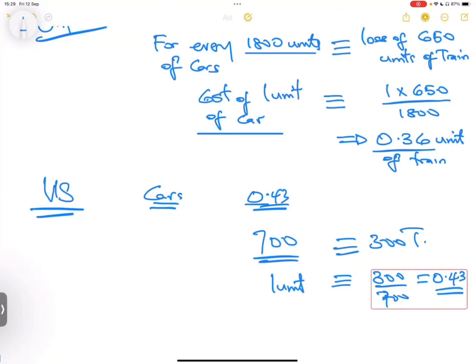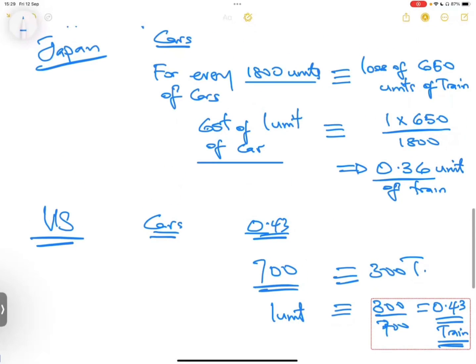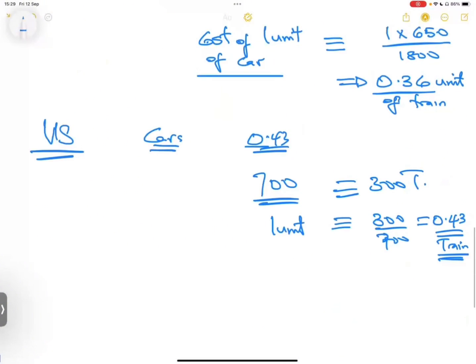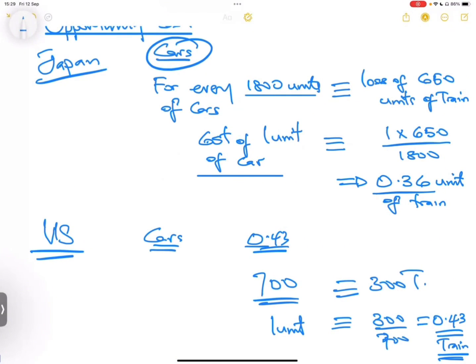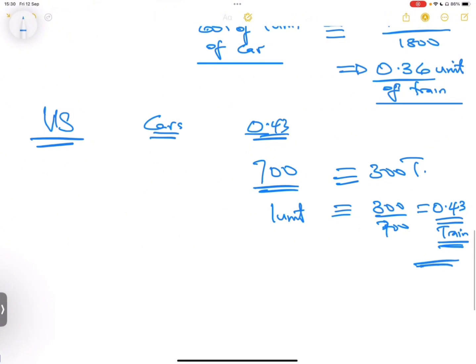0.43. So, which means it's going to cost US more than Japan to focus on the car. If you look at these two companies in two different countries, for product X, which is the product car that we're talking about here, this product is better produced in Japan because Japan has a cheaper relative cost compared to what it is going to cost a US company.